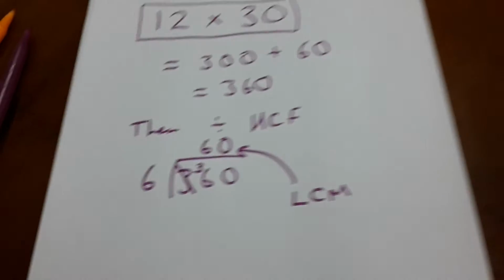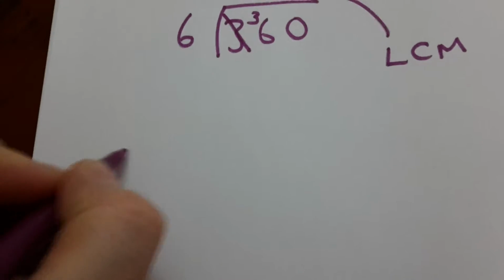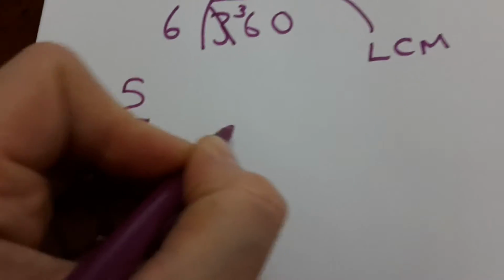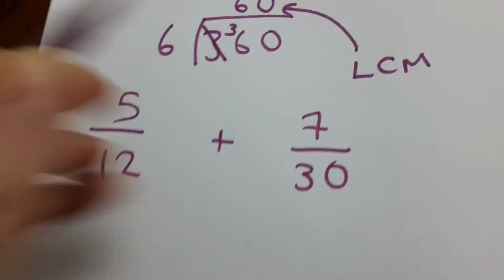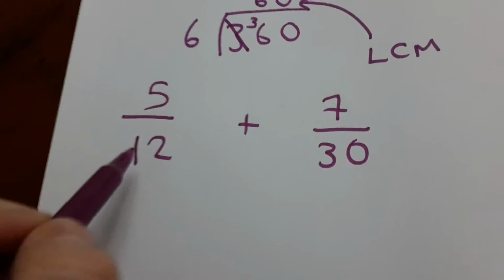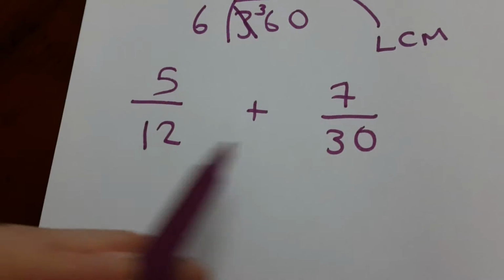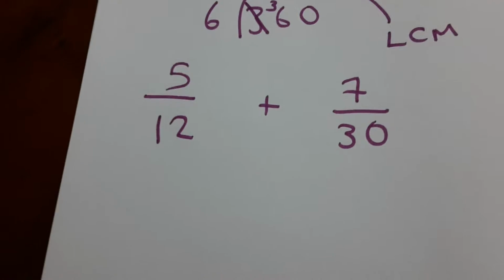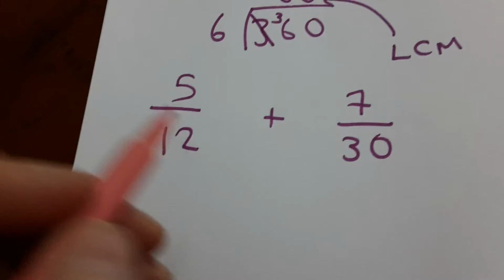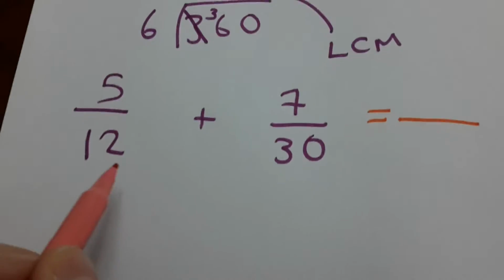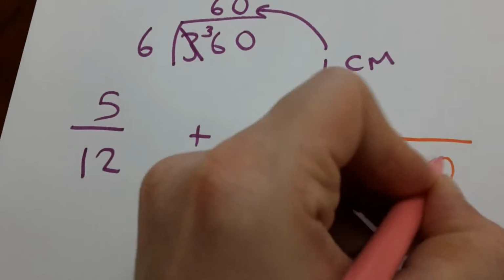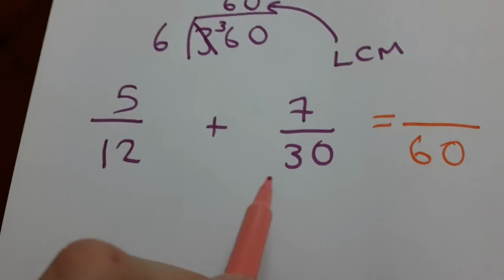Now, why this is so important again is due to fractions. If I'd been given 5 over 12 added to, let's say, 7 over 30, I can't add them together because they have different denominators. They're cut into different size pieces. So what I need to do is work out my lowest common multiple of 12 and 30 to work out what I could cut both of those fractions into.